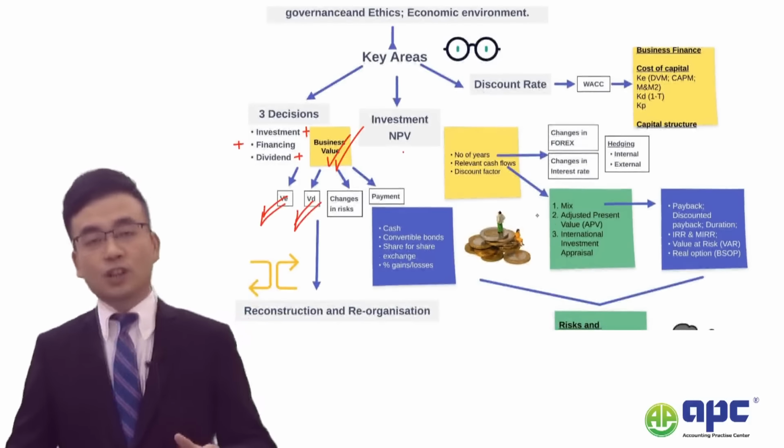Now, not just for that, but also when we are looking at investment decisions, we'd like to move on to the investment appraisal. And that's why the key area in our financial management is all about the NPV, which means the net present value, which means we take into account the future cash flows, which means the relevant cash flows, the number of years in the future, and the appropriate discount rate.